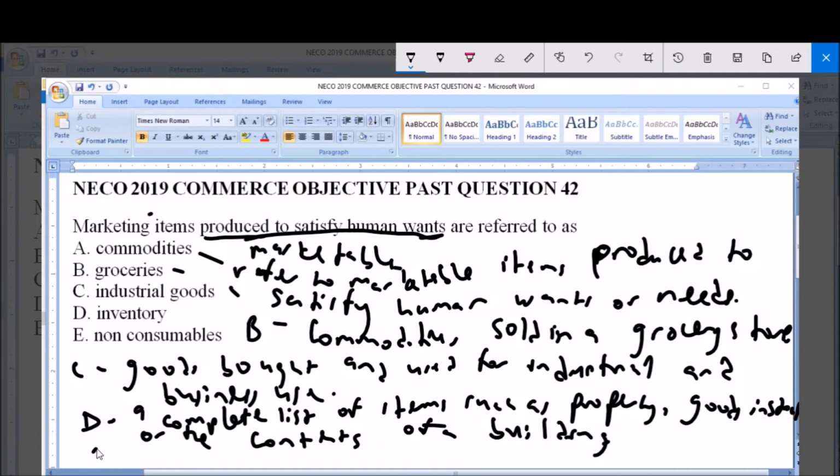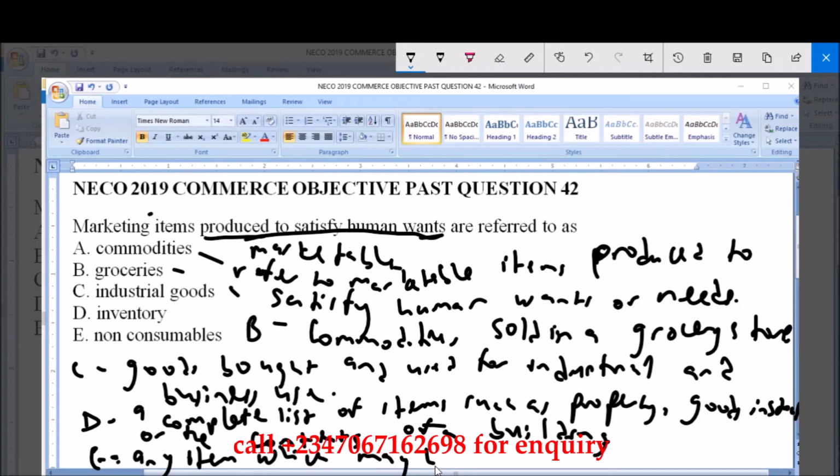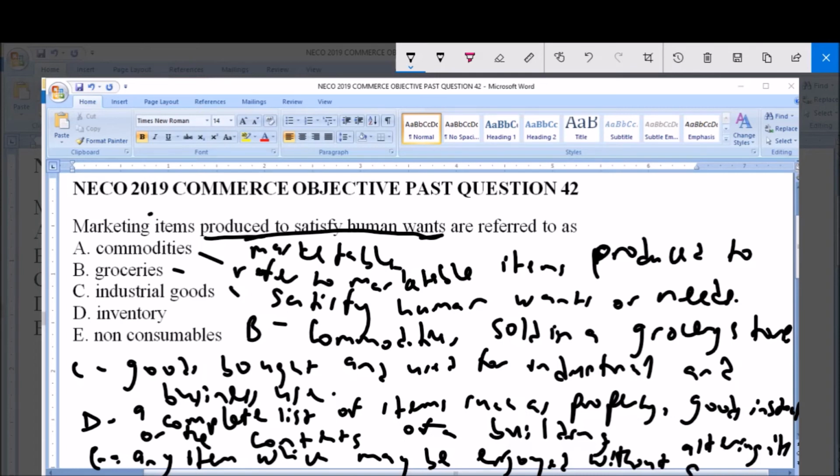And lastly, option E, non-consumables, refers to any item which may be enjoyed without altering its substance.